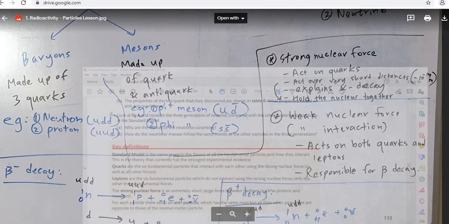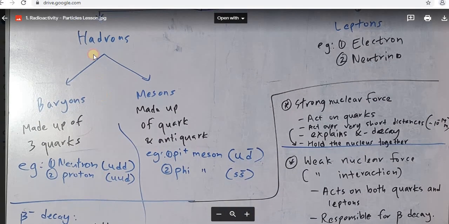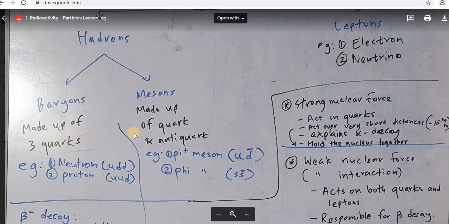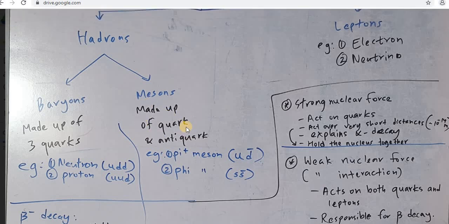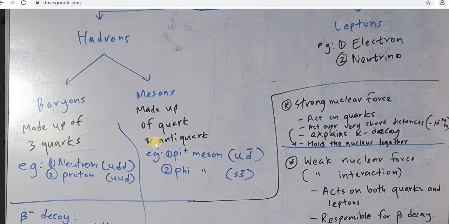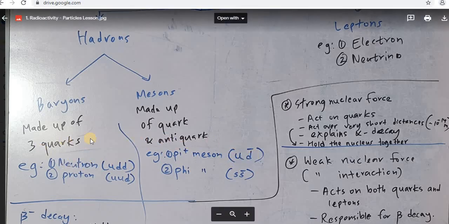See, I have classified here. Hadrons are further classified into baryons or mesons. If it's a hadron containing 3 quarks, it's a baryon. If it's a hadron containing a quark and an antiquark, then it's a meson. So hadrons are made up of either 3 quarks or 2 quarks. 2 quarks means a quark and the antiquark. Right? So these are hadrons. Hadrons are made up of only quarks, either a quark and its antiquark or just only quarks.